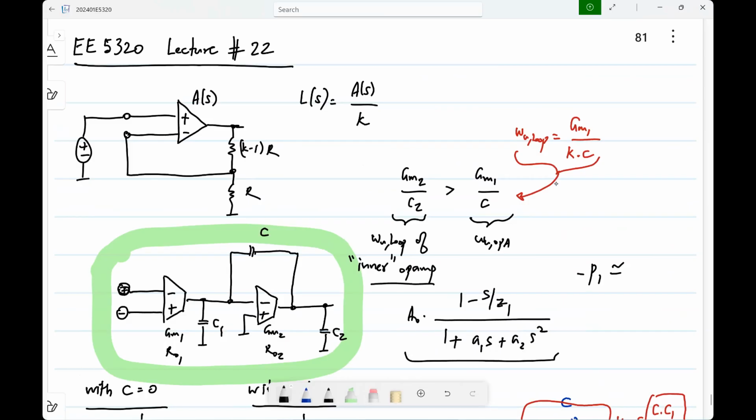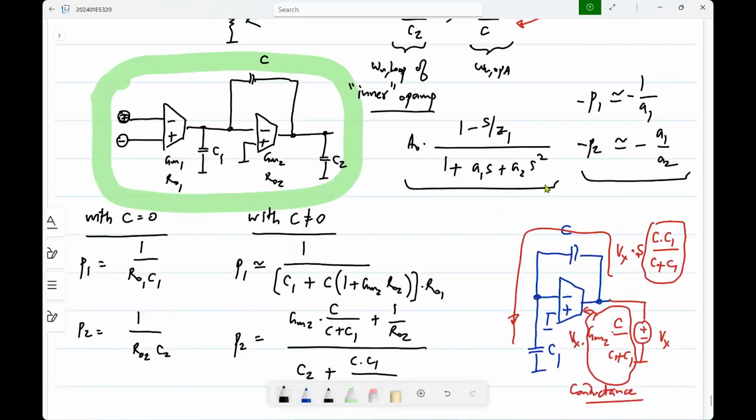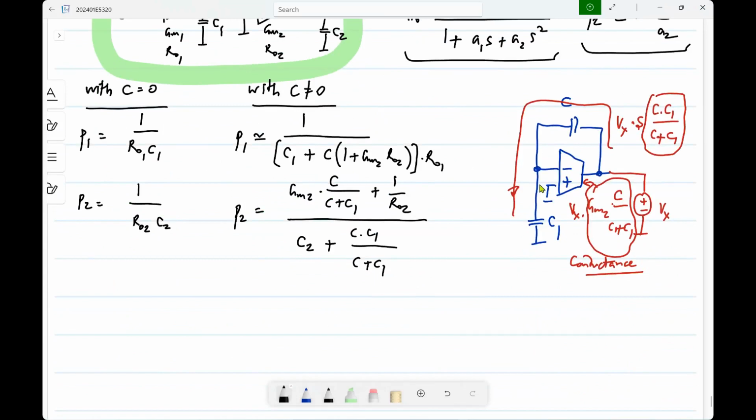Our notation itself is this. Pole is at minus P1 and then okay. So if you do that, basically this is what you get, but you should have an intuitive picture of why these values come about. Okay. So you have some resistance and you have some capacitance associated with which give you these poles, and this is what it is. Okay.